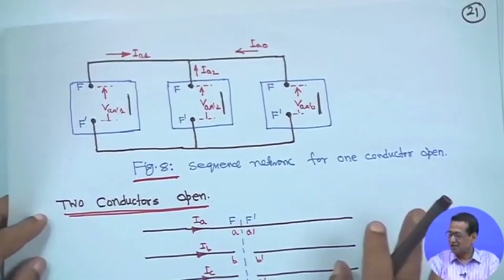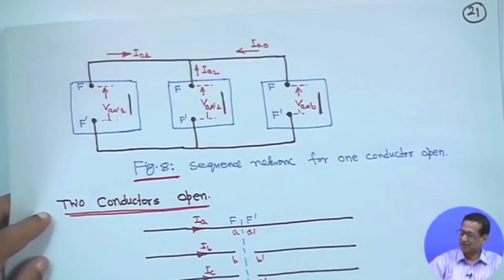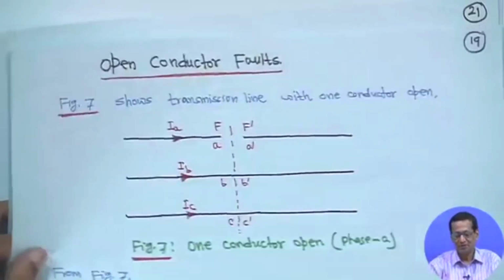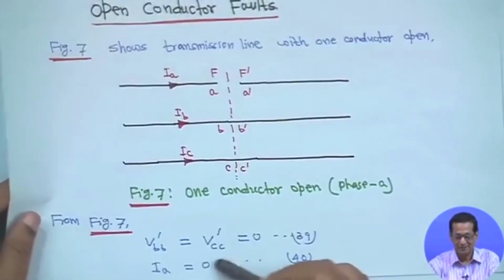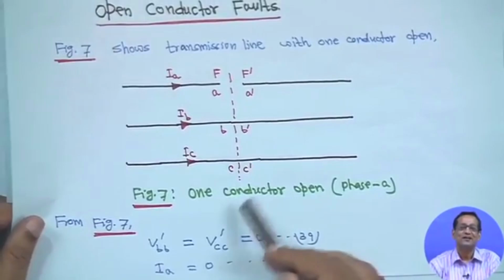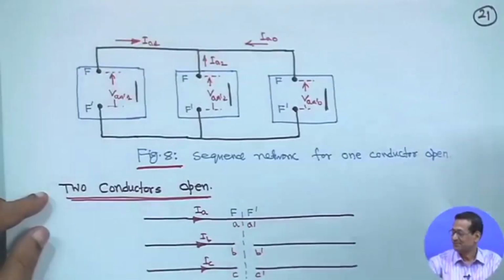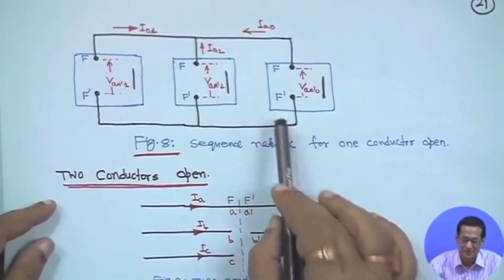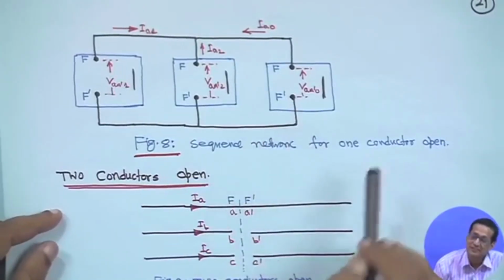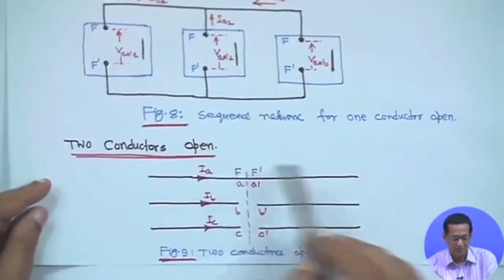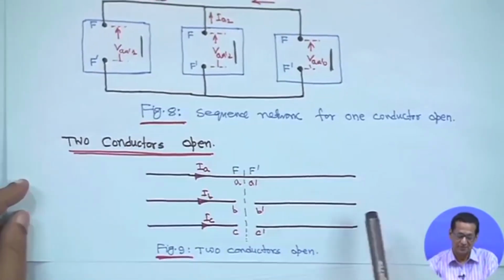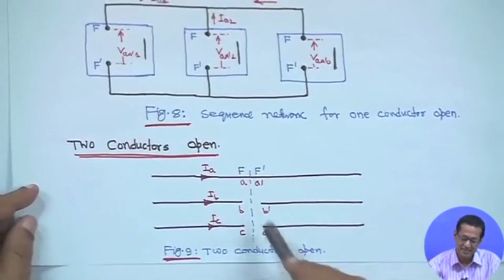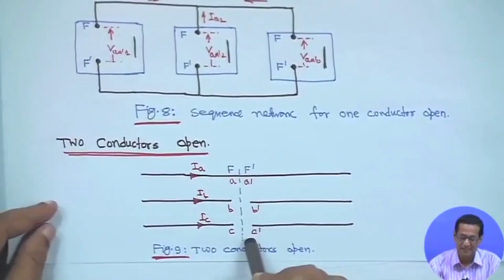So things are very simple. From the fault condition you only have to write those boundary condition equations, then manipulate them mathematically, and you can easily construct the positive, negative and zero sequence connection. Then one more: two conductors open. Suppose phase B and phase C conductors are both open.